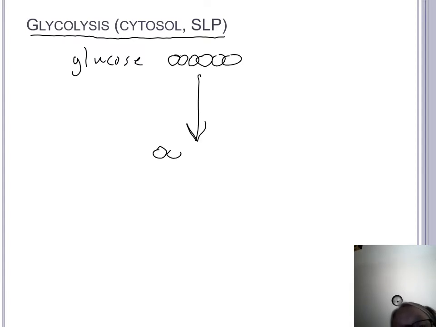So we end up with 2 3-carbon molecules. In glycolysis, we take that glucose molecule and break it up into 2 3-carbon molecules. Those 2 molecules that we broke the glucose into are called pyruvates. So in glycolysis, we start off with a glucose and break it into 2 pyruvates.